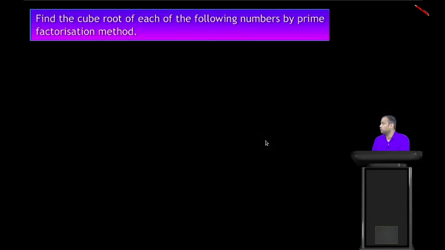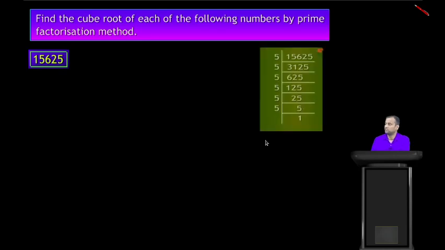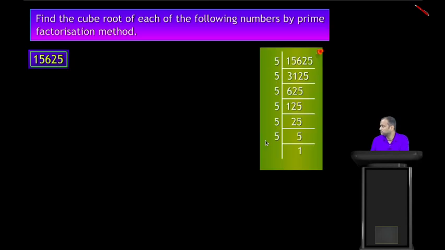Now find the cube root of each of the following by the same method, prime factorization. So first you have to find by which number we can divide this number. Yes, we can divide this number by 5 because the unit digit is 5. Now again make groups of 3.